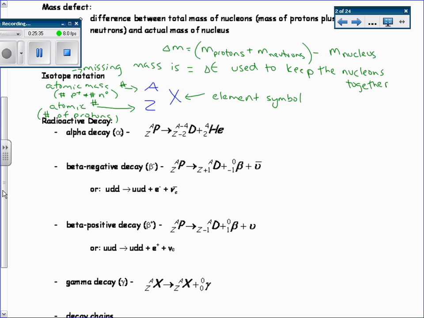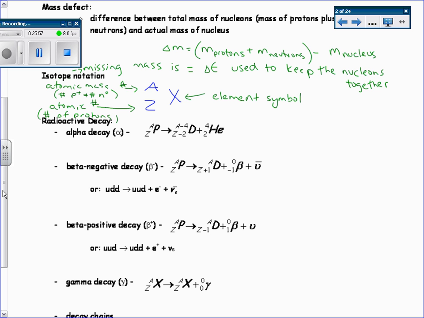So your atomic mass number becomes 1 bigger because what you have happening is a neutron decays into a proton and electron, and then also an antineutrino. And then beta positive is similar, except you get a positron, and it's a proton that breaks down into a neutron and a positron, and it expels the positron and a neutrino.